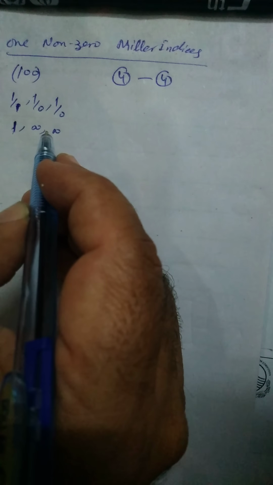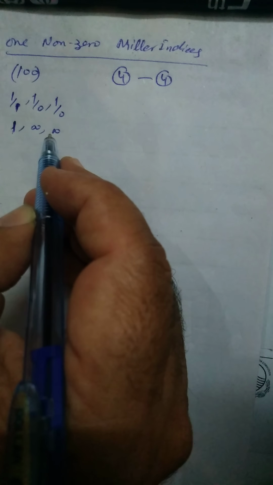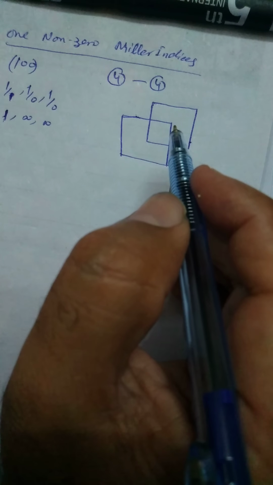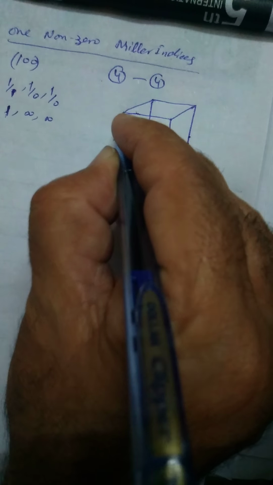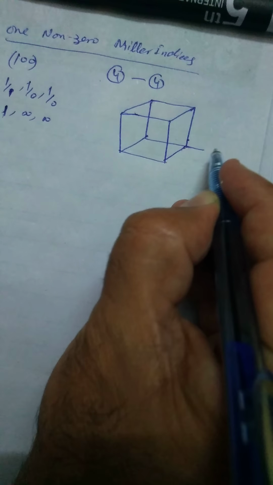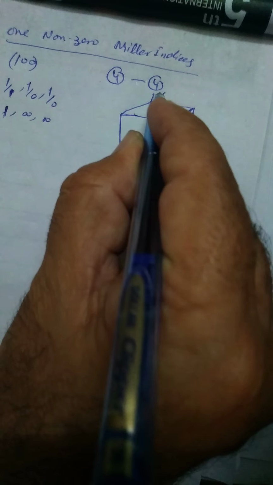It means this plane is parallel to the y and z axes. Take a unit cell in such a way and specify the x, y directions.